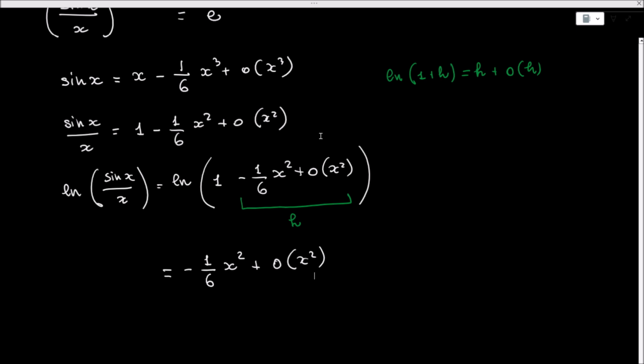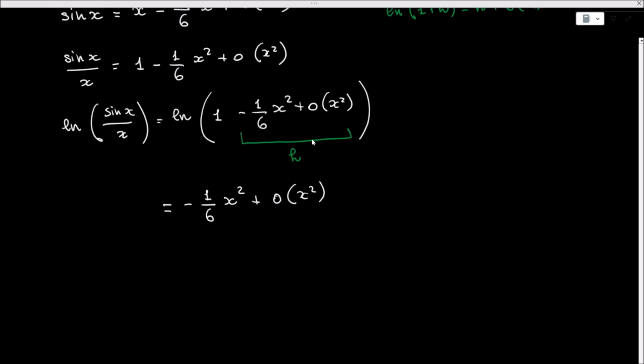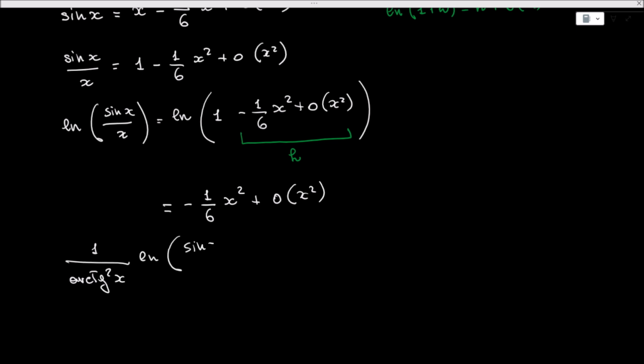And now we can evaluate the exponent of e, because the exponent will become 1 over arc tangent square of x times the logarithm of sine of x divided by x. Well, this, if we expand these terms, we have minus 1/6 x to the square plus little o of x to the square at the numerator, and the denominator is simply x squared plus little o of x to the square.